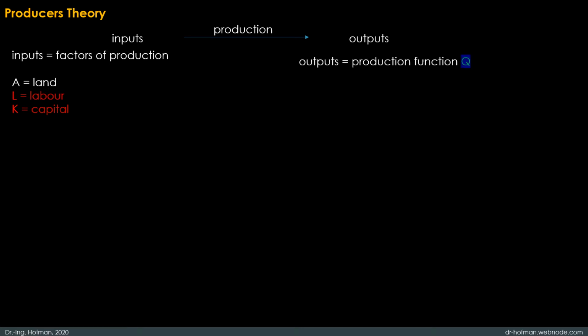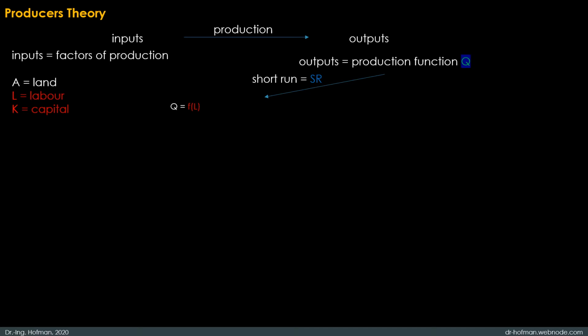Output, or production function Q, is the product the company produces. In the short run, that's a short period, the production function is just a function of labor, because only labor is a variable factor.